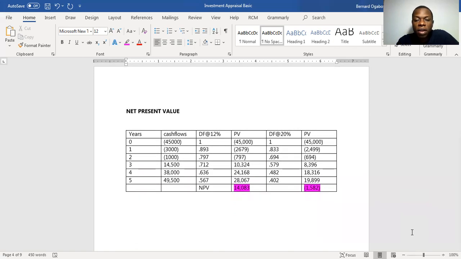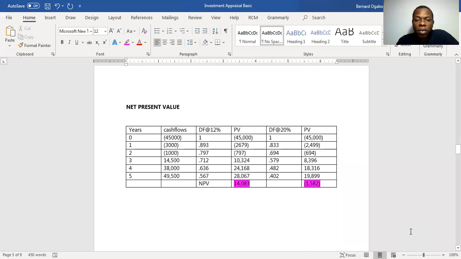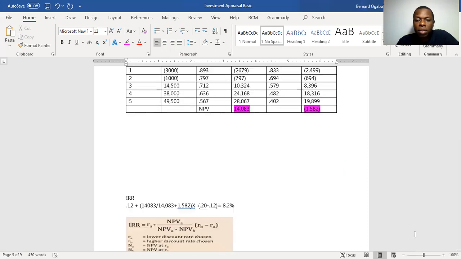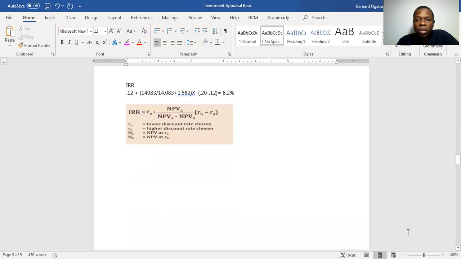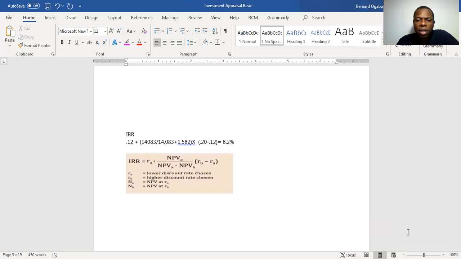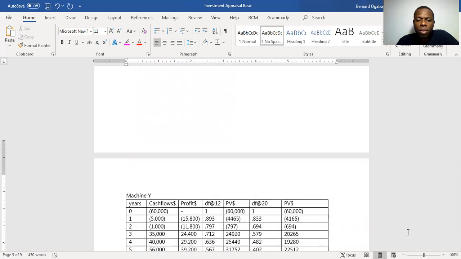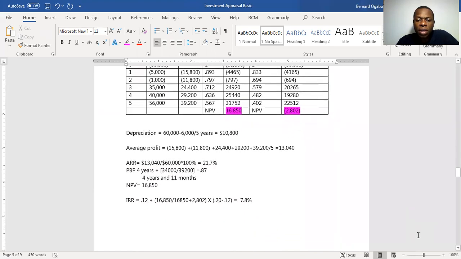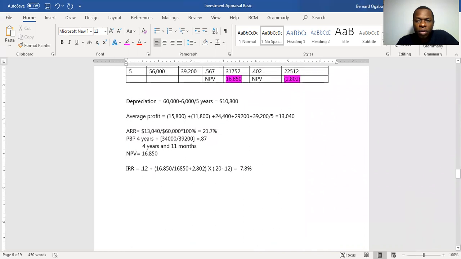The net present value positive for machine X is 14, while machine Y is 16 plus. The internal rate of return is 8.2, and the internal rate of return here is 7.8.